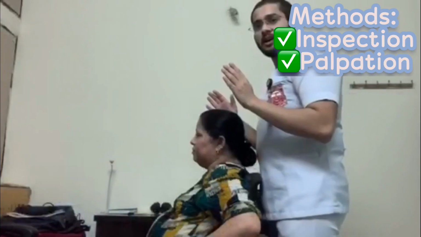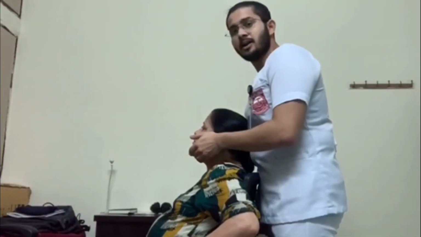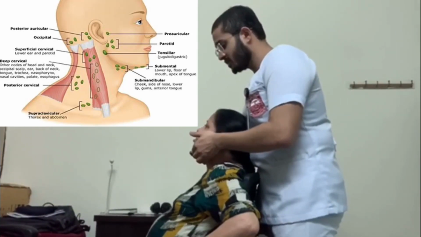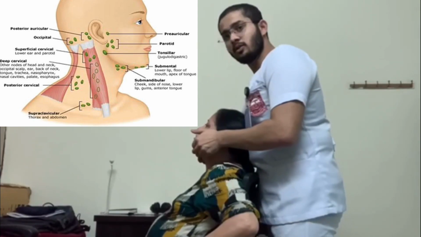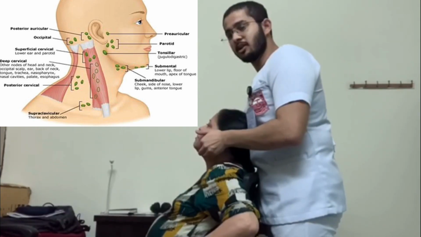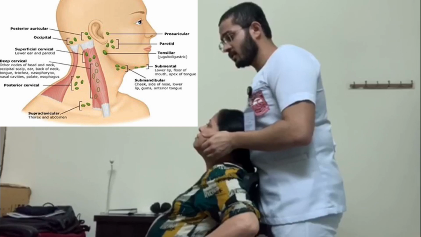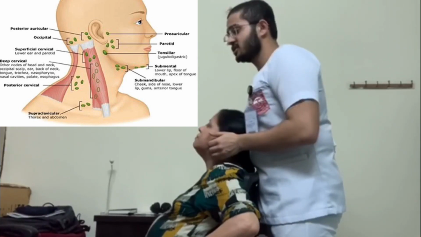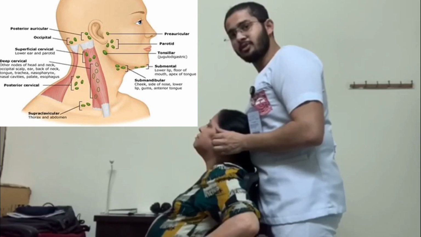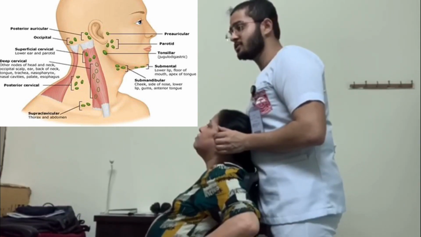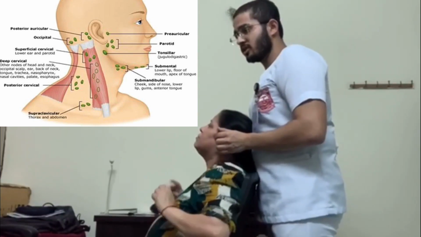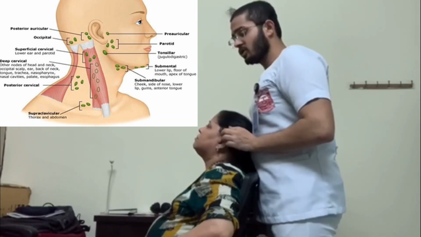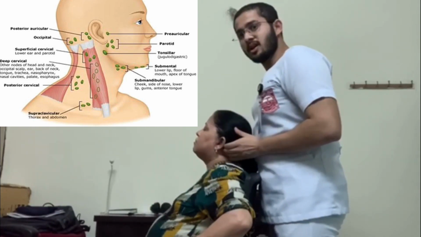We use both our hands and we start from the submental lymph nodes present below the chin. We go backwards toward the submandibular region. Then we see the tonsillar and pharyngeal lymph nodes, going upwards towards the preauricular nodes present in front of the tragus, and then we look for the postauricular lymph nodes.